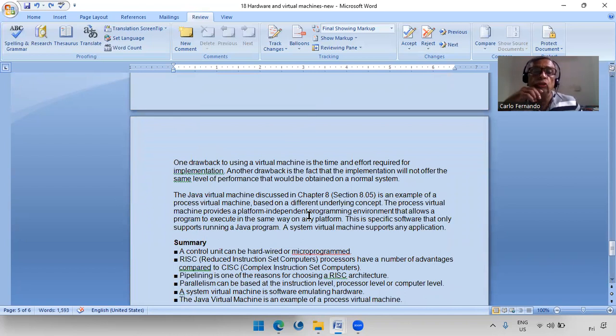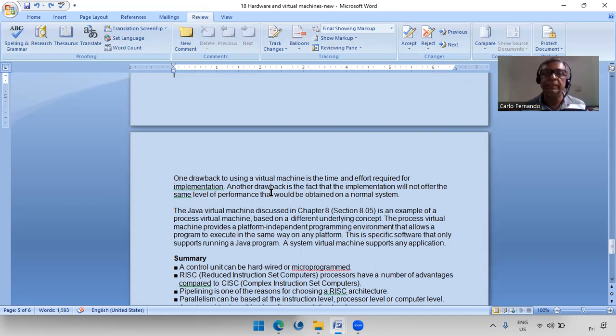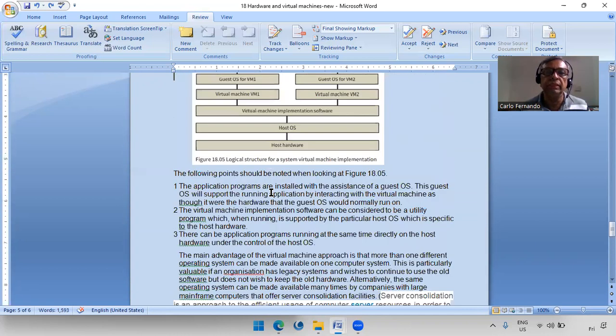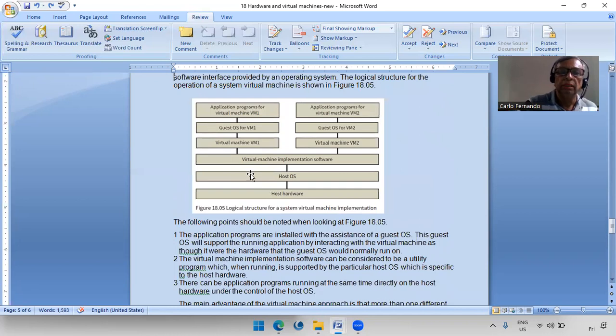But one drawback to using a virtual machine is the time and effort required for implementation. It's not so easy. Looking at the diagram, this is the normal one, host hardware and the host OS. You have to implement this first of all.